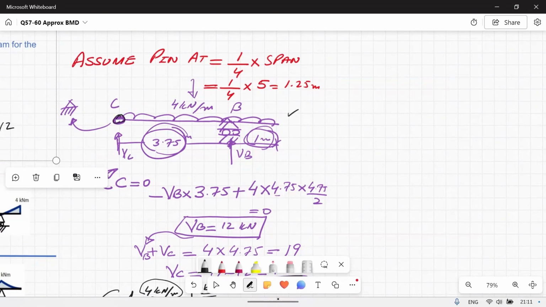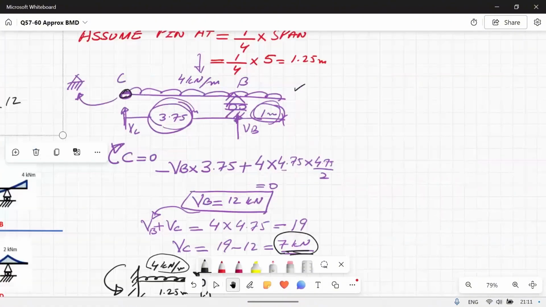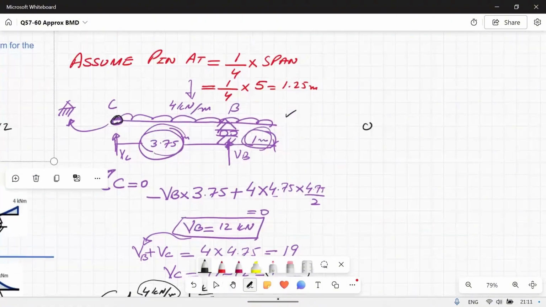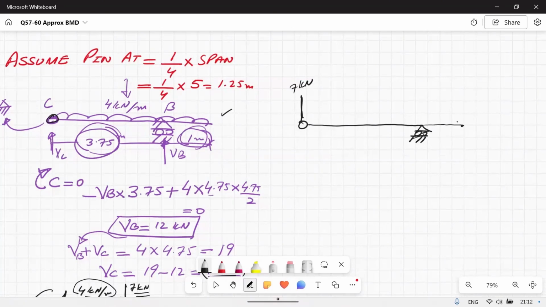So at pin we have a reaction of 7 kilonewton upwards, and then we have a roller support here, so we have 7 kilonewton here, and then we have this overhang portion. Between this point and here we have UDL, and it is spread over 3.75, so 4 times 3.75 is 26.25.